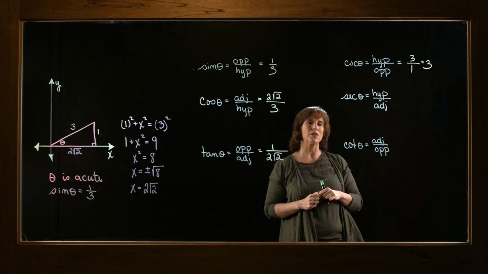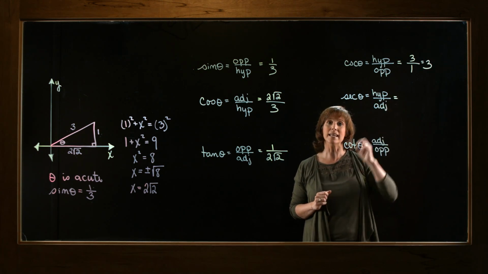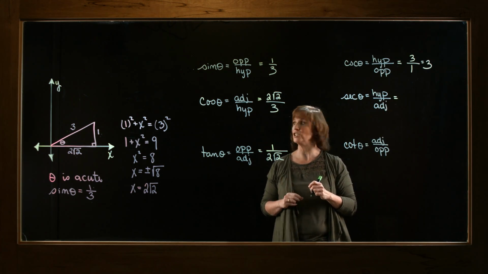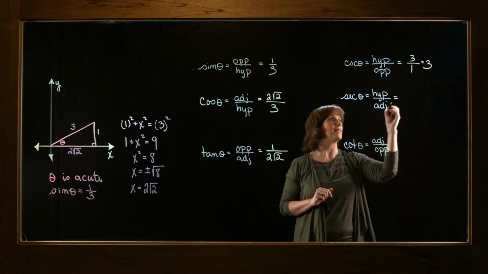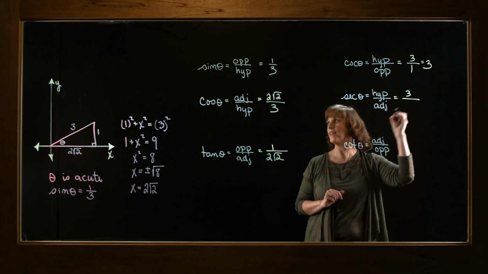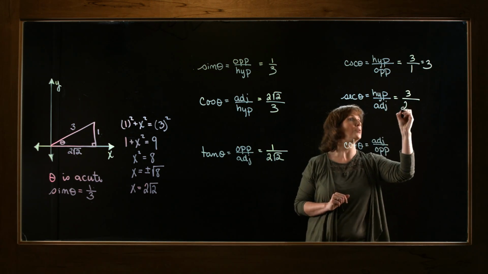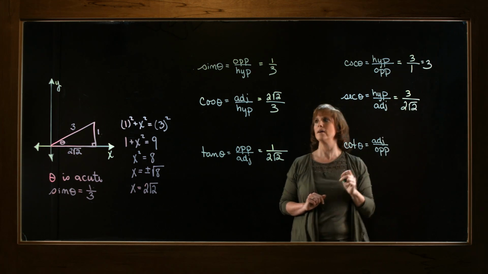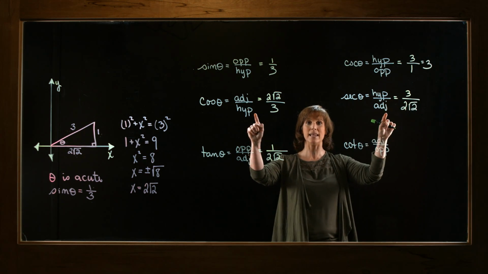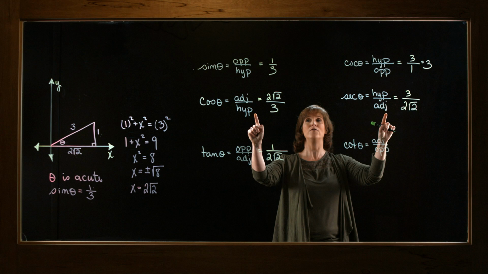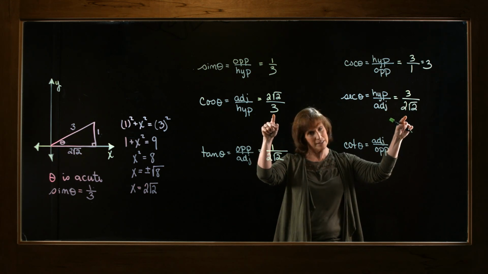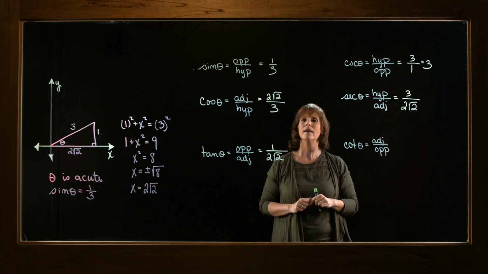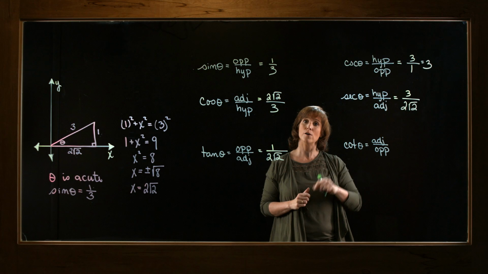Let's go ahead and take a look at the secant. The secant is the hypotenuse over the adjacent. So the hypotenuse again is 3, and the adjacent is 2 times the square root of 2. Again, cosine and secant are reciprocals of each other, and if you look at the values we get, they are indeed reciprocals of each other. Last one, the cotangent.